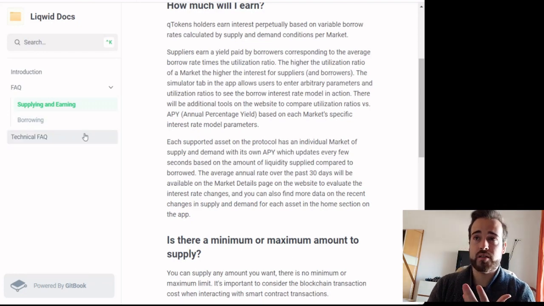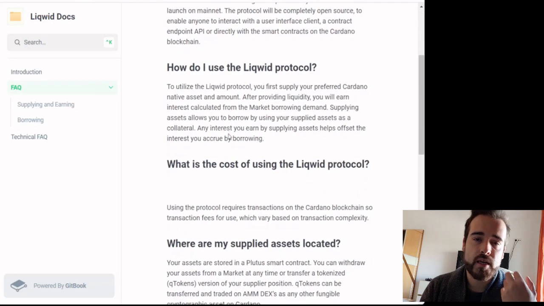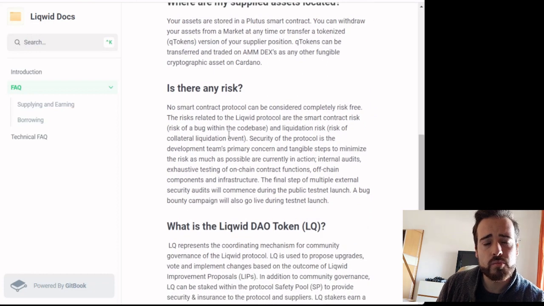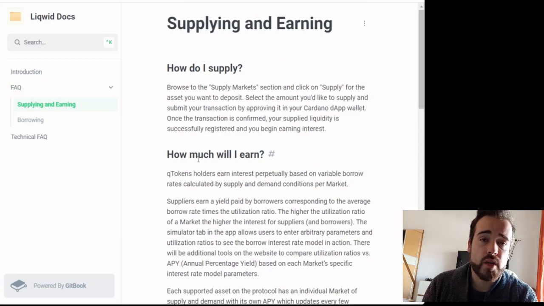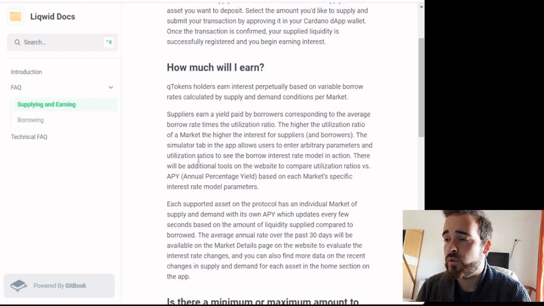More than that, it is an interest-bearing asset. So as time goes by, when we redeem that asset, we gain the amount of ADA we supplied to the protocol, but we also get the interest we accumulated whenever we were supplying funds to the protocol.